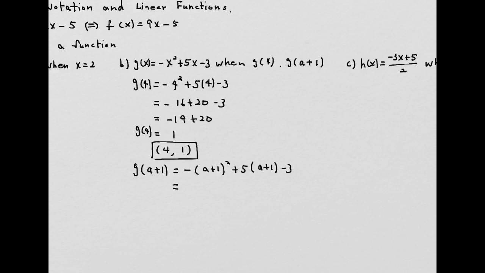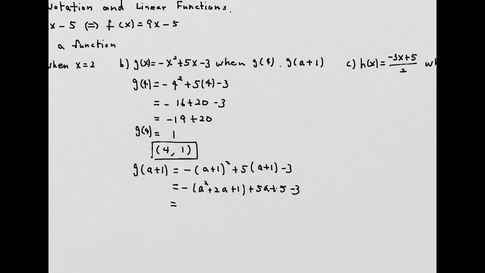Once you simplify, you will still have variable a, since we don't know what a equals. So when you FOIL a plus 1, you get a squared plus 2a plus 1. And when you distribute 5, you get 5a plus 5, and minus 3.